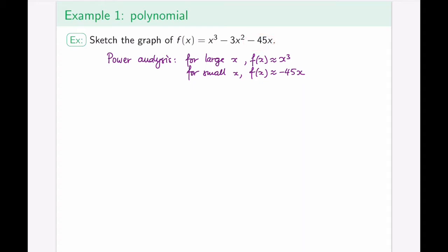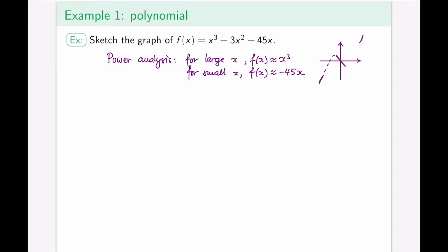So that means if I am to produce a very little sketch of a graph just for the near origin and end behavior, for near the origin, minus 45x is going to be a linear behavior with the negative slope, so look like this. And for large values of x, it's going to look like x cubed. So that means that I'm going to take the end pieces of my snaky shape of the x cubed function.